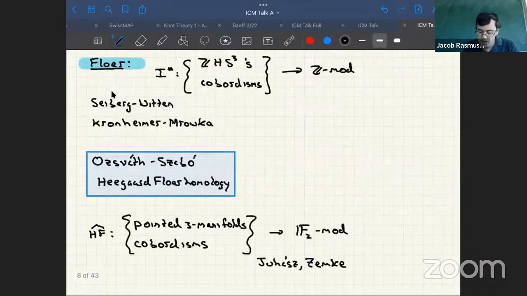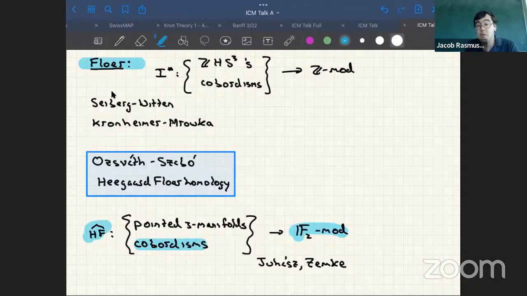So what is Heegaard-Floer homology? Well, it's a functor, again, and it's a functor from the category of pointed three manifolds, so the three manifolds with maybe one or more distinguished points in them, a non-zero number of distinguished points, and cobordisms of an appropriate sort between them. And you can work with various rings in Heegaard-Floer homology.